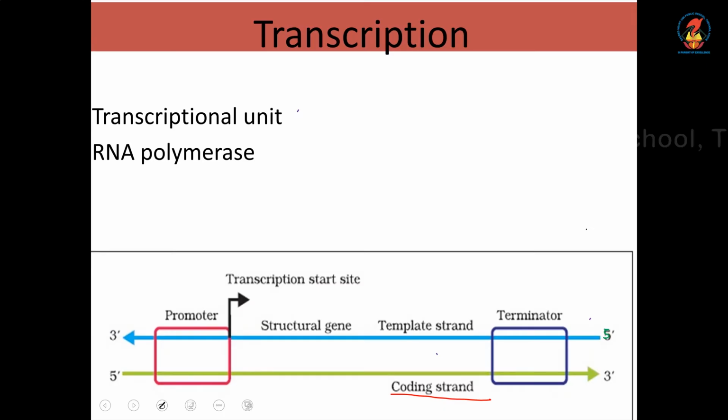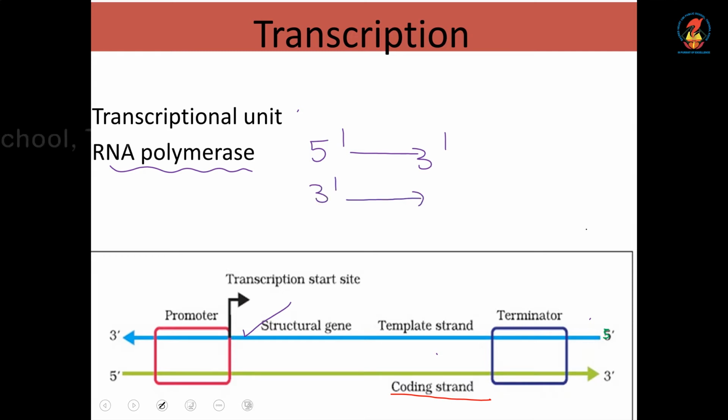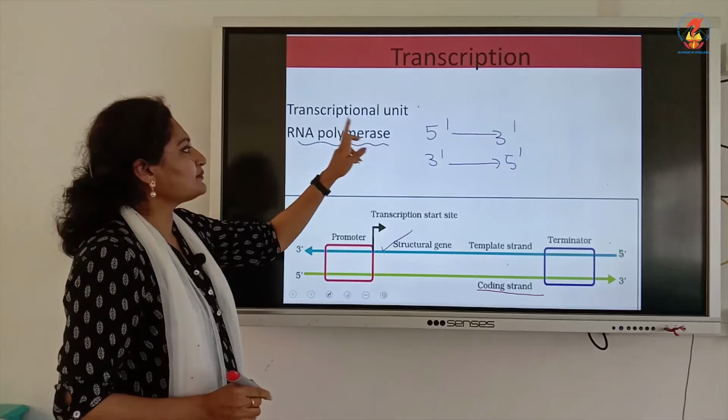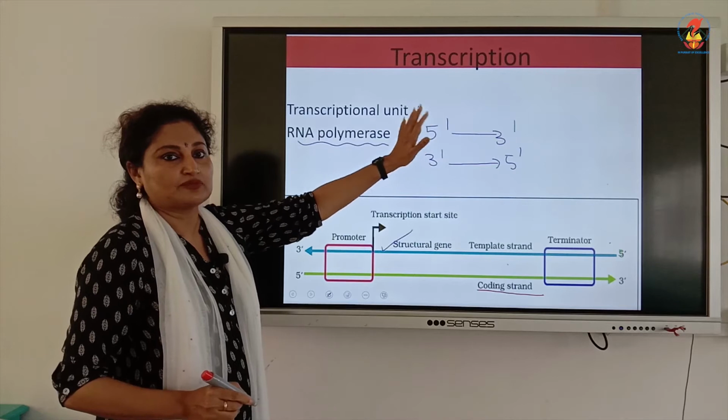Next component, RNA polymerase, as I told you, functions only in the 5' to 3' direction. So, which strand does it decide to take? It decides to take the strand which is running in the 3 prime 5 prime direction, because RNA polymerase functions in the 5 prime 3 prime direction.